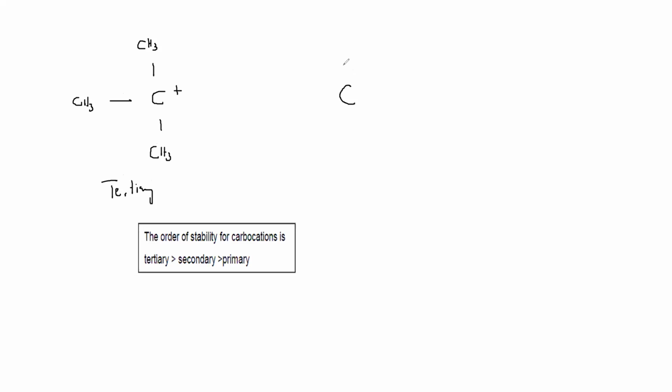Then the carbon cation surrounded by 2 alkyl groups, 2 carbon chains, that's called secondary. And the third one, the carbon cation surrounded by only 1 carbon chain or 1 alkyl group.